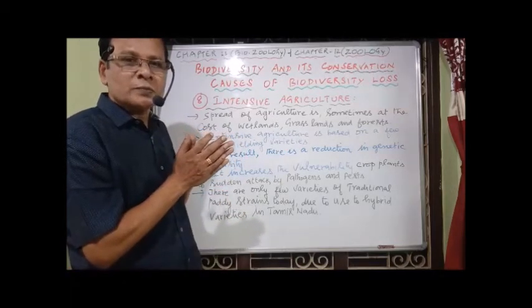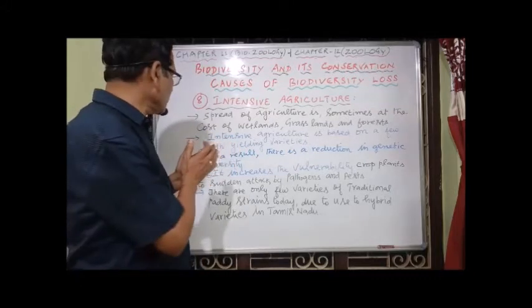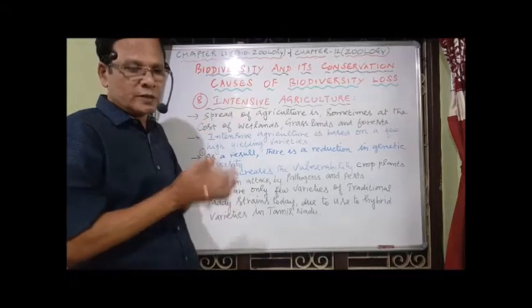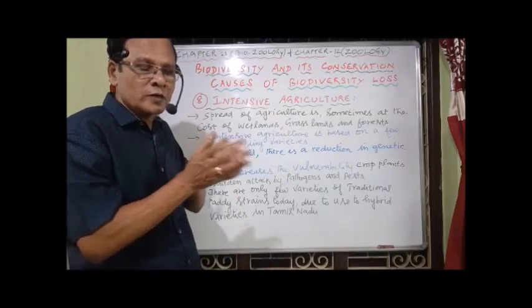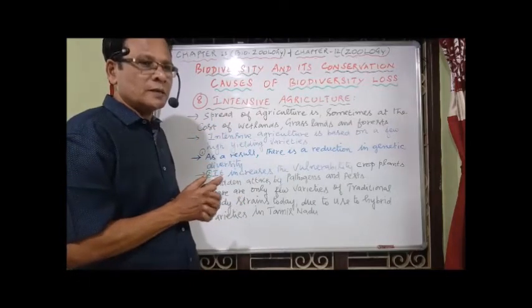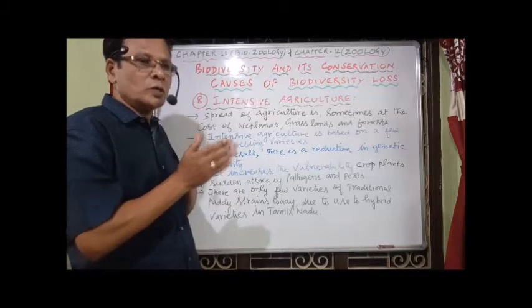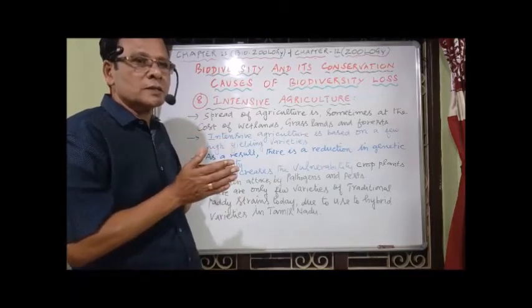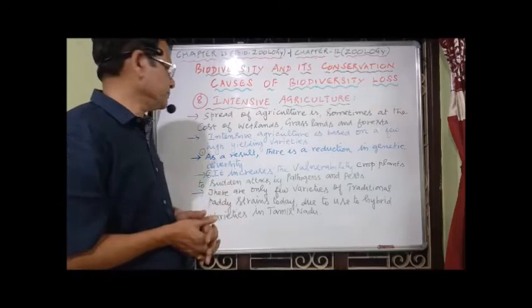Intensive agriculture is based on a few high yielding varieties. We give importance to high yielding varieties, and that is yielding more. Though it is yielding more, it results in loss of biodiversity.